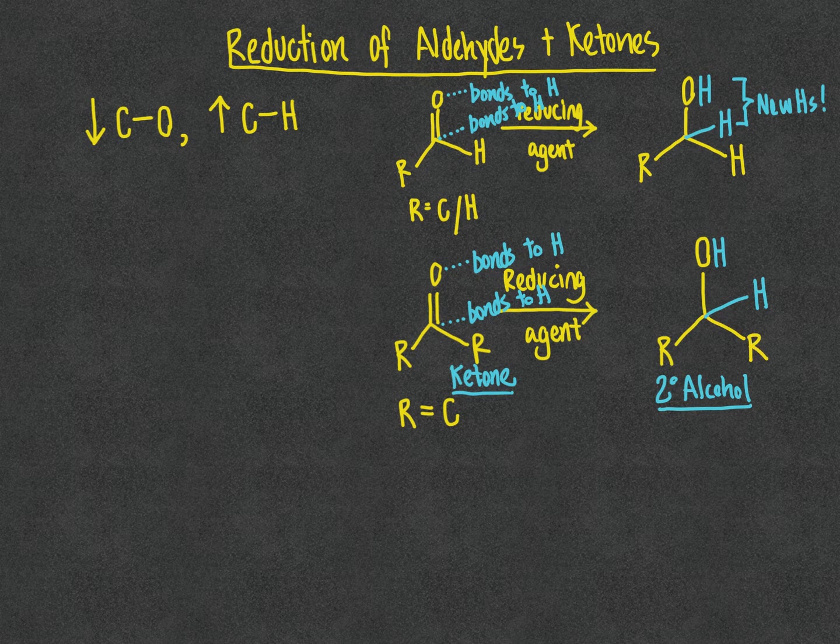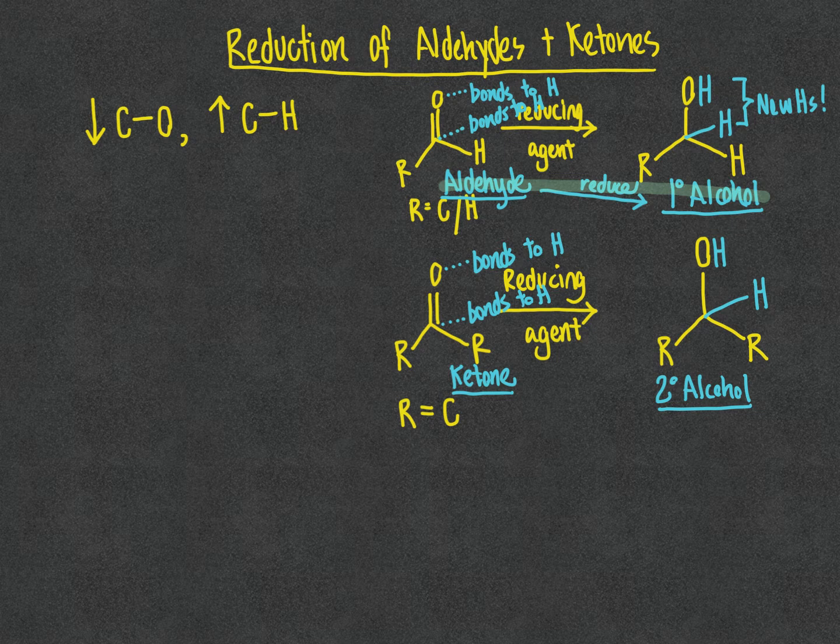In contrast, when we reduced an aldehyde molecule in our top example, what we found was that the aldehyde was reduced to a primary alcohol. It is a primary alcohol because, as we evaluated the structure, our carbon that's part of the alcohol group, that's the carbon right here, is directly bonded to just one other carbon atom, making it a primary alcohol. And so as a general rule, when we reduce an aldehyde, the product will always be a primary alcohol.